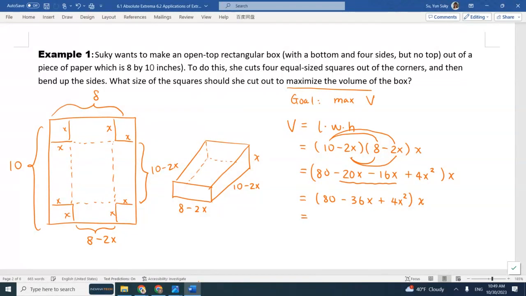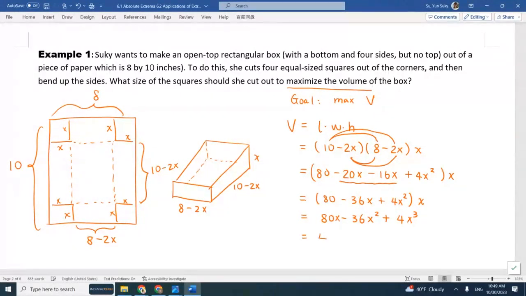We multiply by x. Do you see we get 80x minus 36x squared plus 4x cubed? Yes, everybody? Let's reorder it.